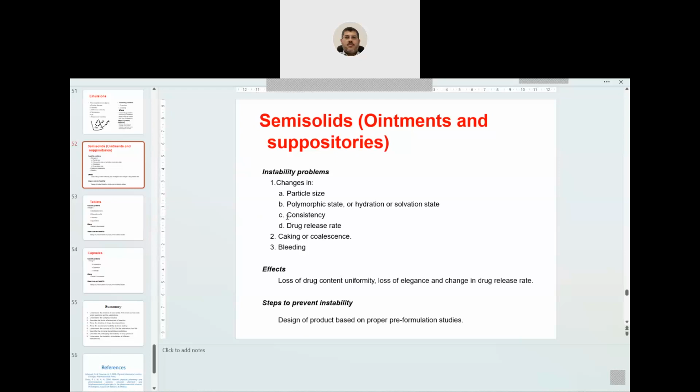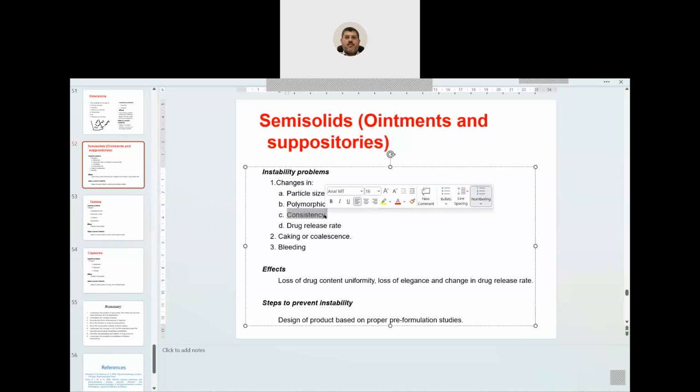Okay. There may be changes in consistency, meaning the hardness of this one may become harder than normal or softer than normal. Drug release rate may change subsequently with the changes in these parameters.